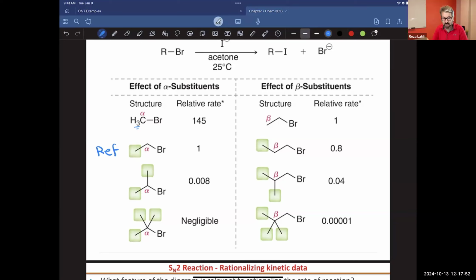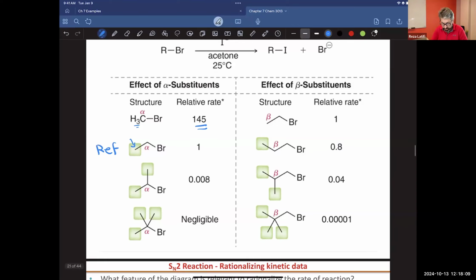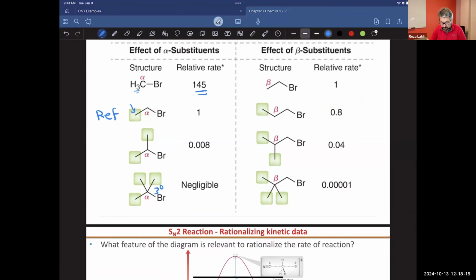Or if you replace the methyl group by hydrogen, you see the reaction is going to be 145 times faster. One methyl changed the rate of the reaction by 145. Now if you have two methyls on alpha, the reaction is going to be way slower. And if you turn it to a tertiary, in fact, it's not going to go through SN2. This one is not going to happen.